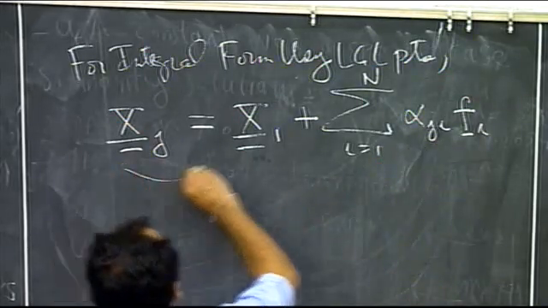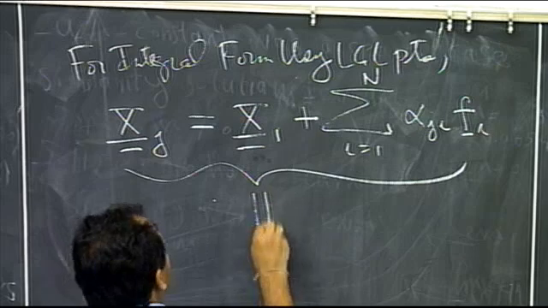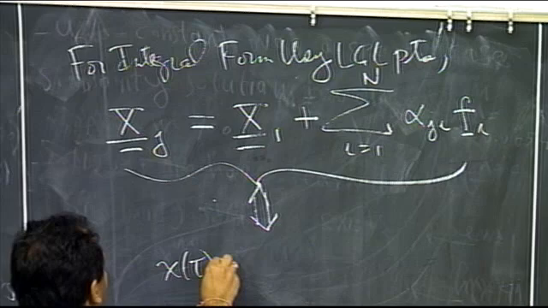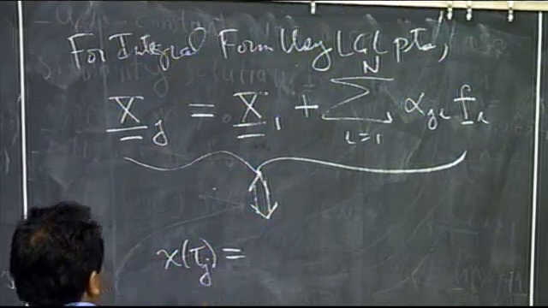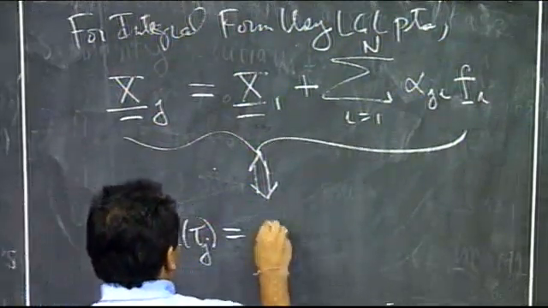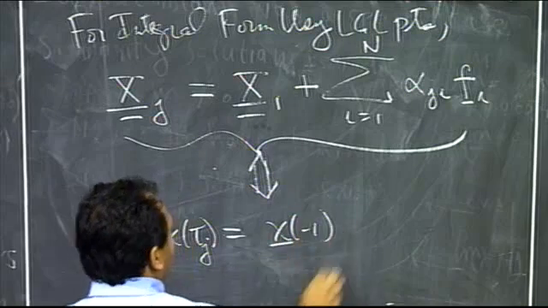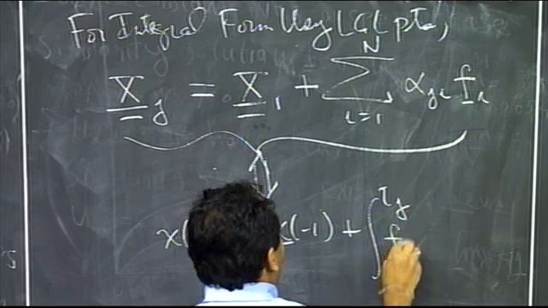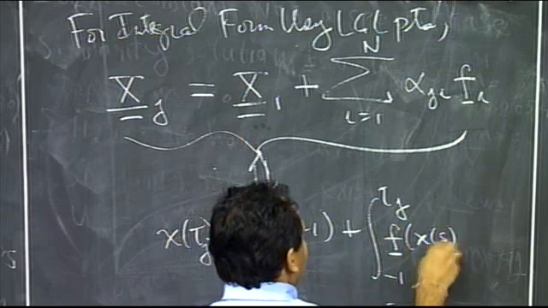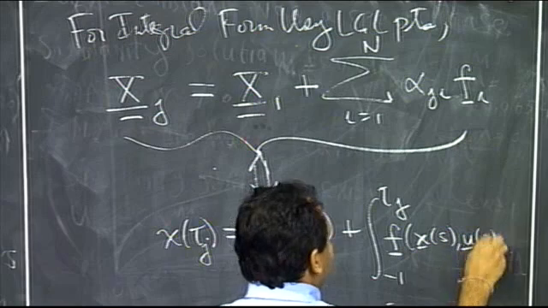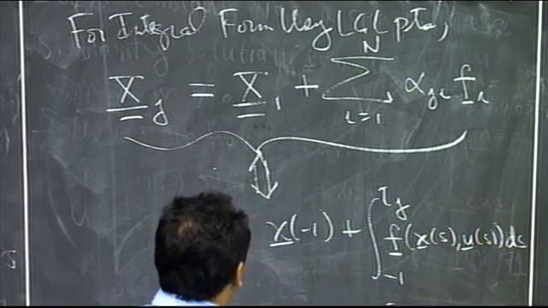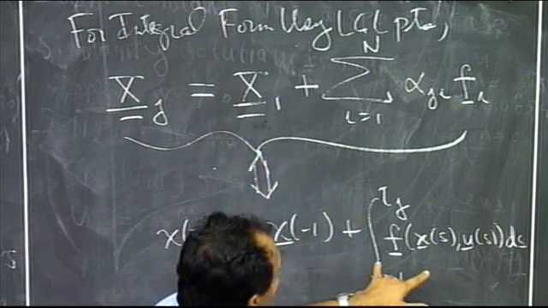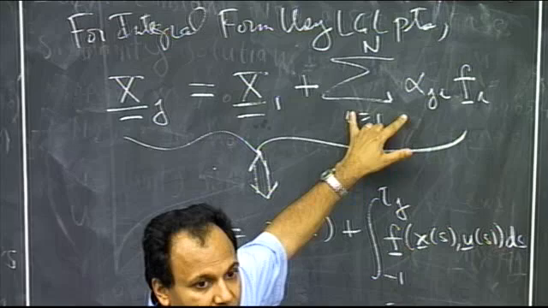What I'm trying to do is make this equivalent to the following statement: x of tau j has to equal x of minus 1 plus the integral from minus 1 to tau j of f of x of s, u of s ds. I've said x of negative 1 is equal to this, so I'm approximating that, and then I'm going to approximate this by some sort of quadrature.